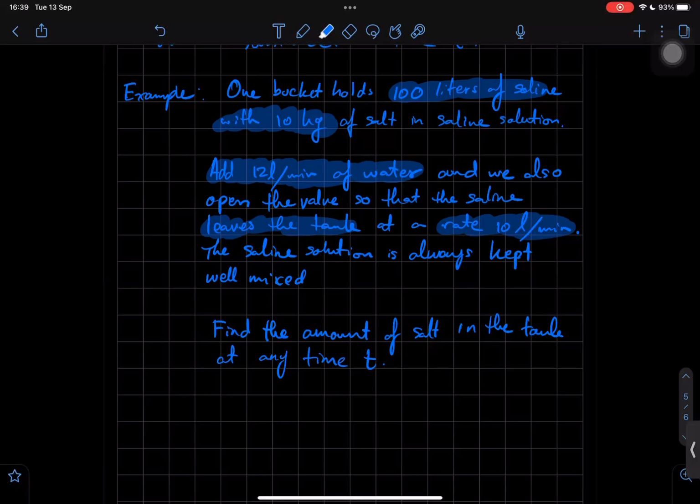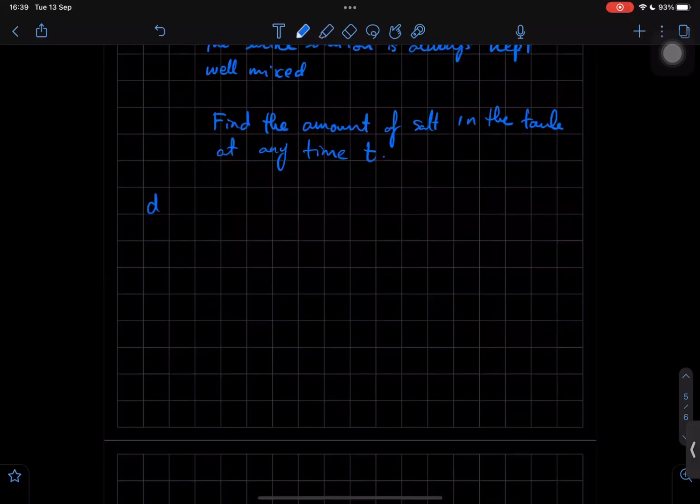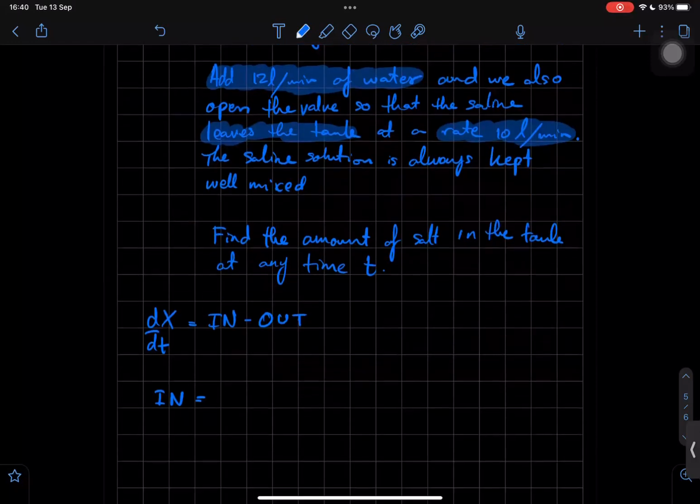Okay, so from the differential equation, right? We need to know in first. In is equal to, so they add 12 liters per minute, right? So it's 12 liters per minute into the tank. But this one is pure water, so there's no salt in it, right?